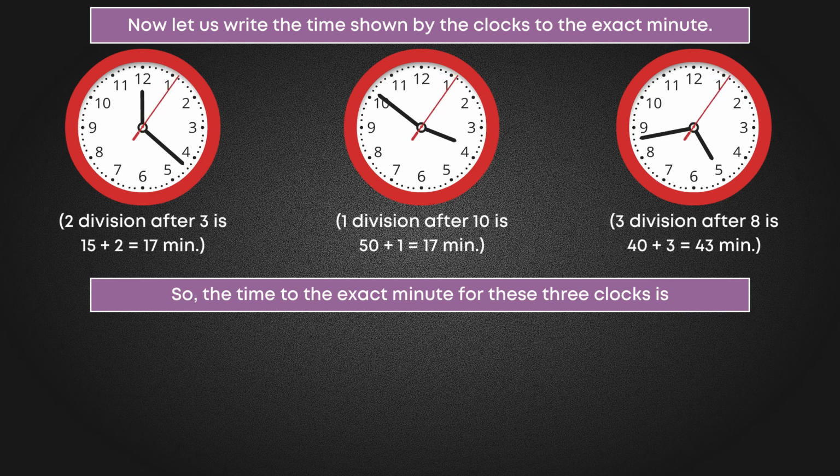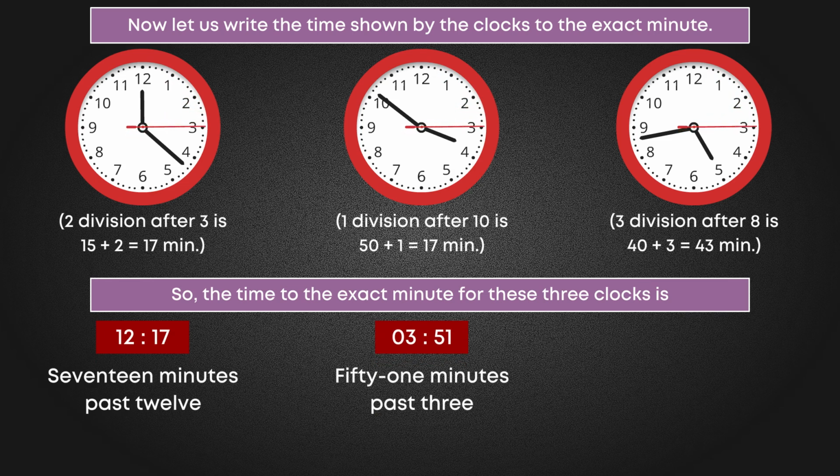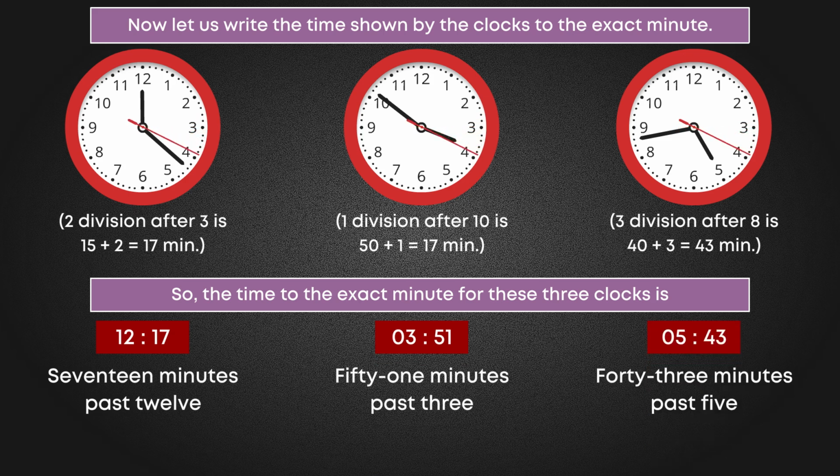So, the time to the exact minute for these three clocks is 17 minutes past 12, 51 minutes past 3, 43 minutes past 5.